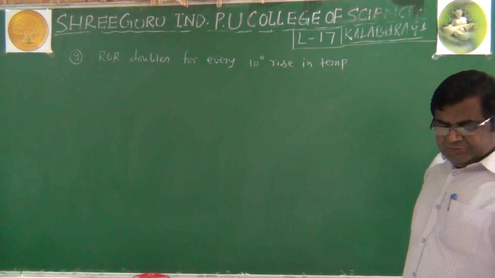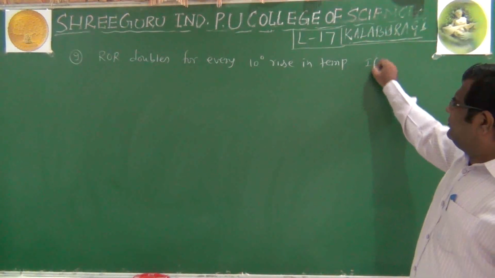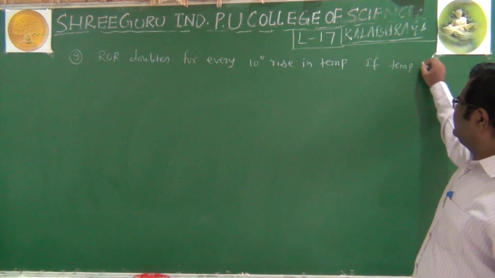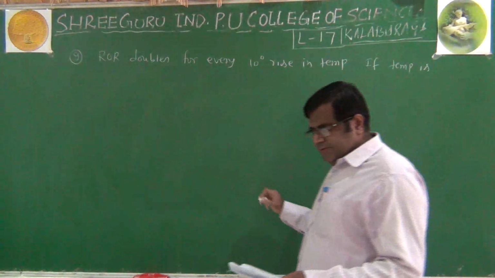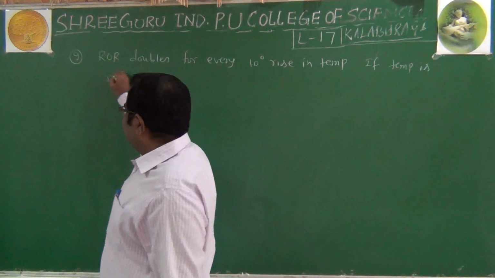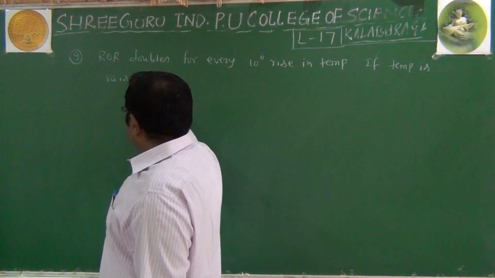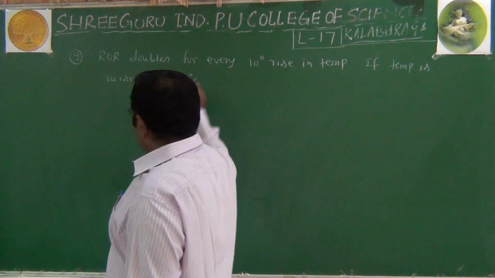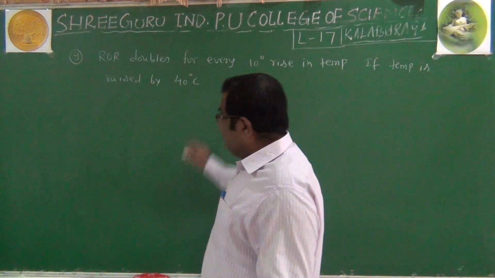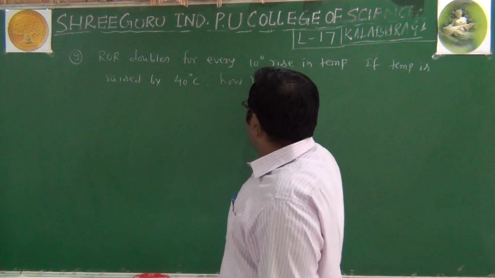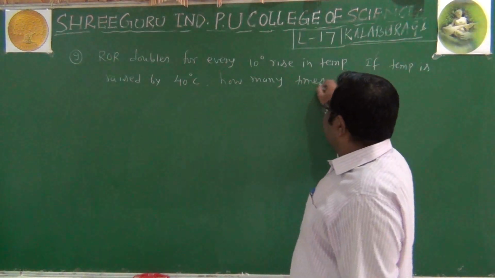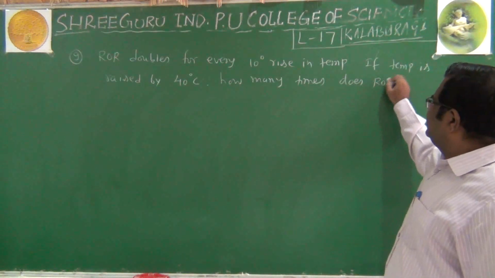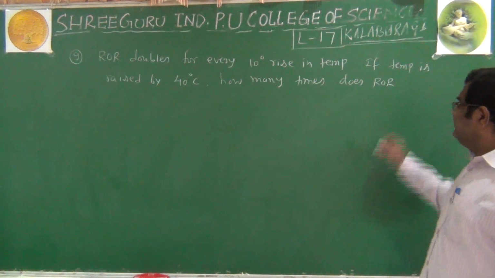If temperature is raised by 40 degrees Celsius, how many times does the rate of reaction increase?